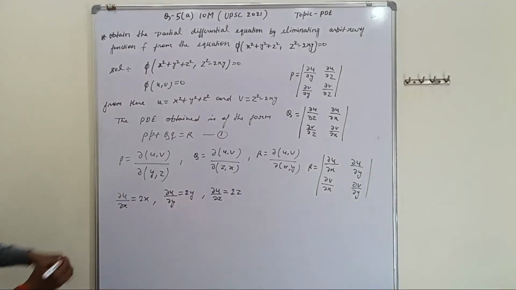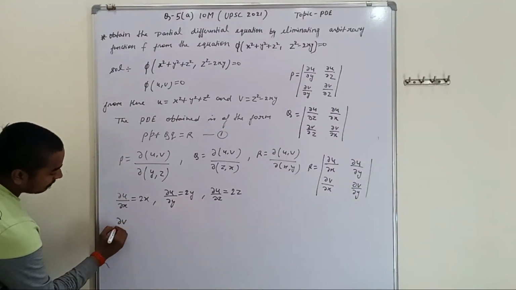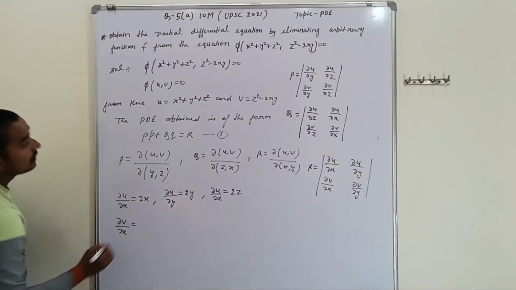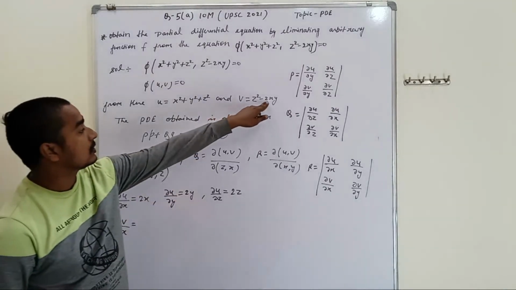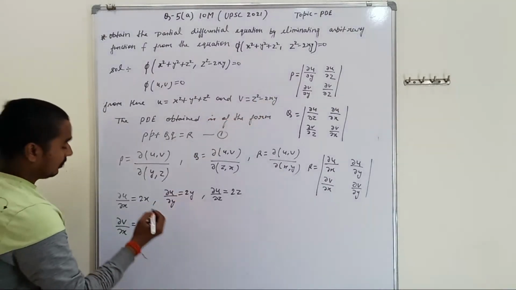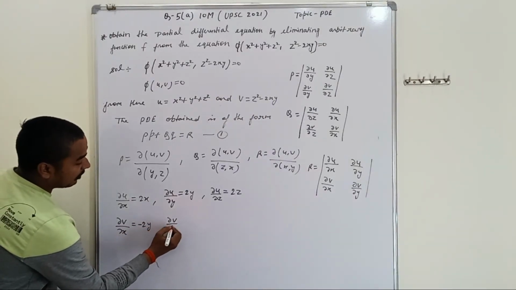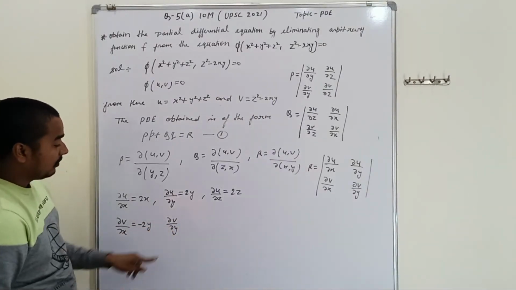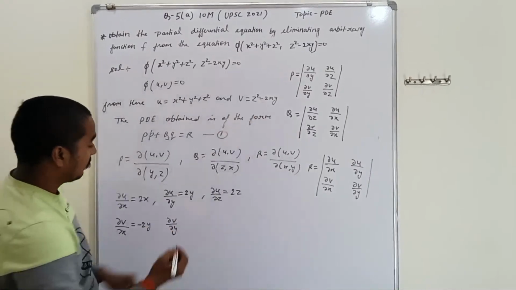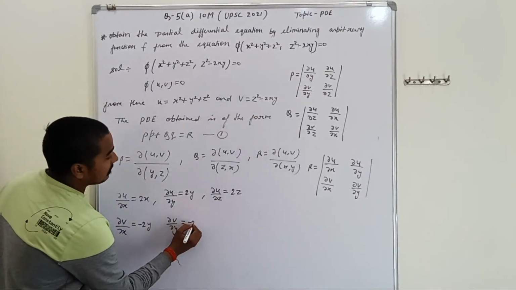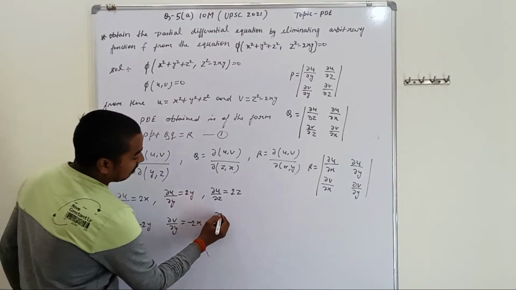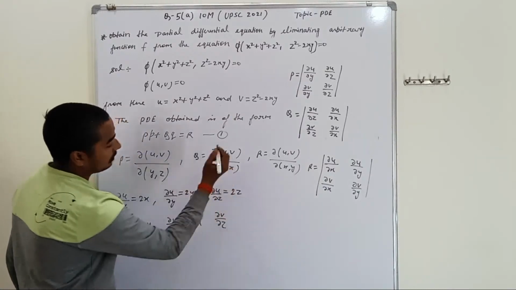And we have to find del v upon del x. That is, del v upon del x is minus 2y, del v upon del y is minus 2x, and del v upon del z is 2z.